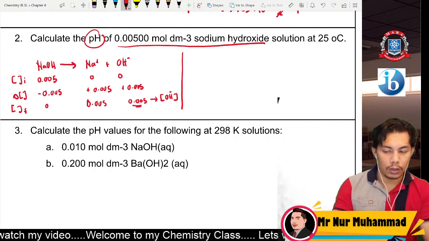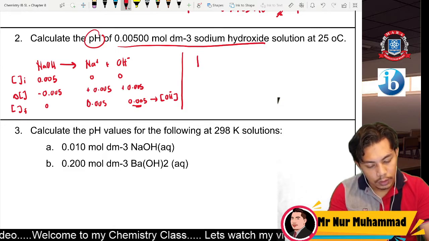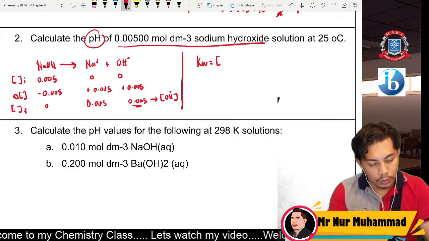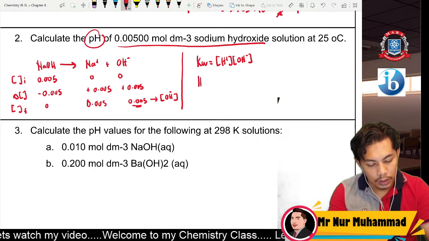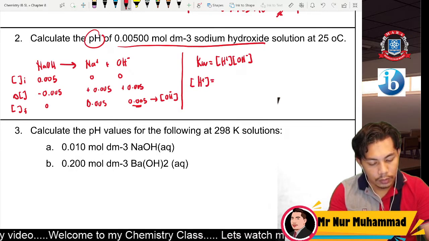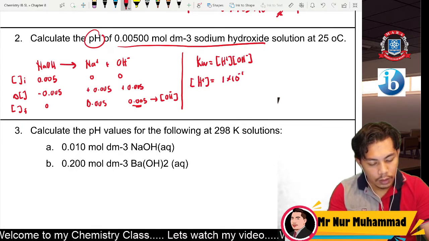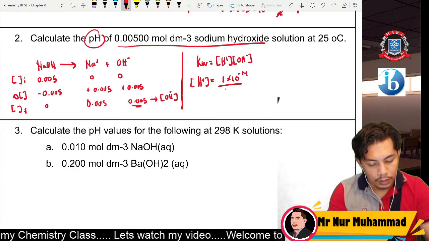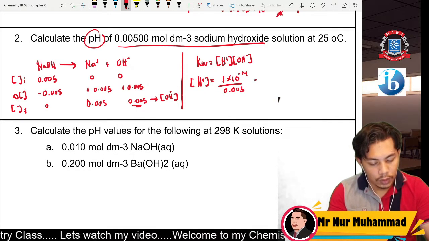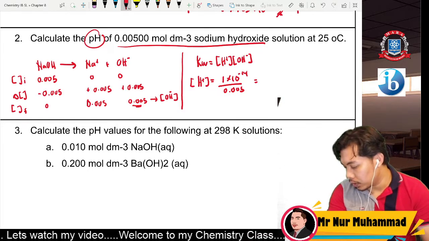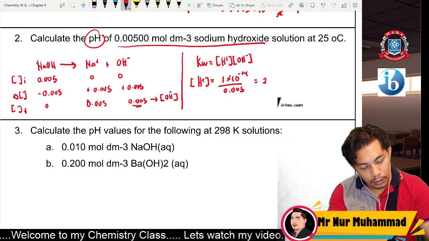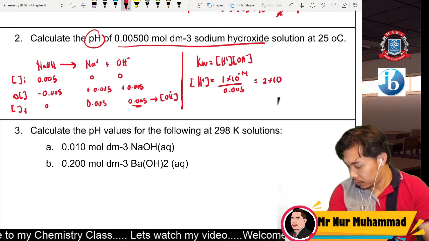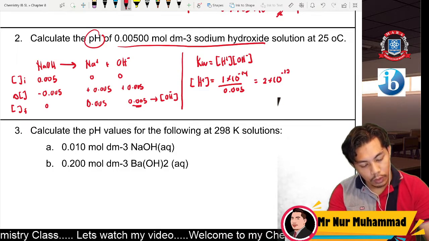Now, by using the ionic product constant formula, Kw equal to hydrogen ion times hydroxide ion, we can calculate the concentration of hydrogen ion. Divide by 0.005, so the concentration of hydrogen ion is 2 times 10 negative 12.